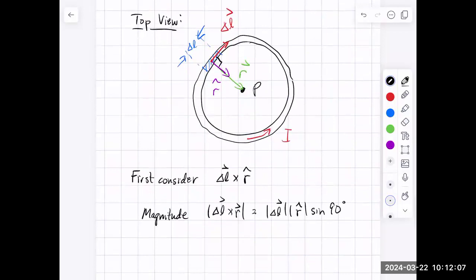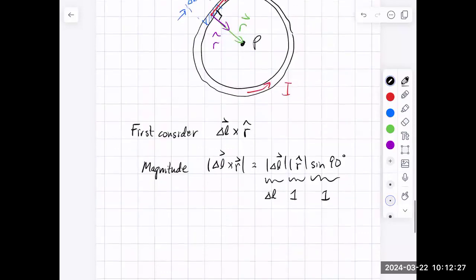Okay, sine of 90 degrees is 1. The magnitude of a unit vector is 1. And the magnitude of delta L is just that length, delta L, its scalar value. And so all of this just evaluates to delta L.